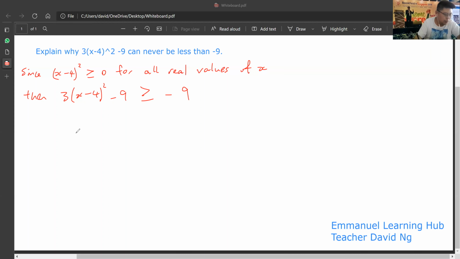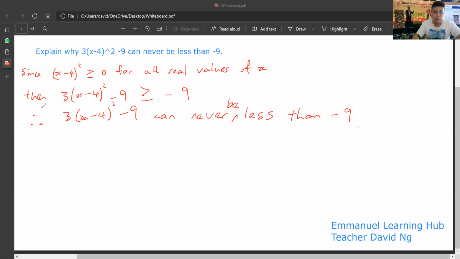Okay, make sense? Therefore, 3(x minus 4) squared minus 9 can never be less than minus 9. This is how you explain.